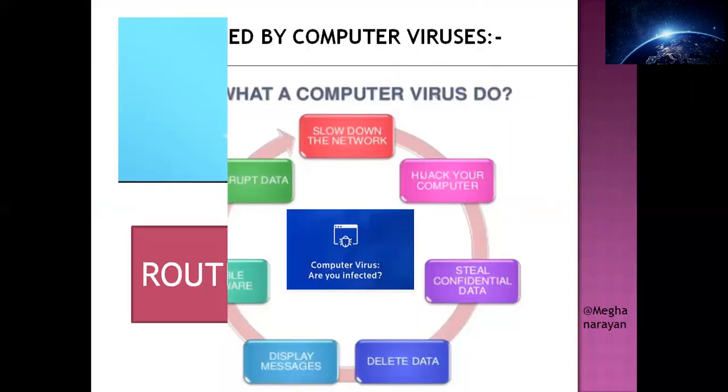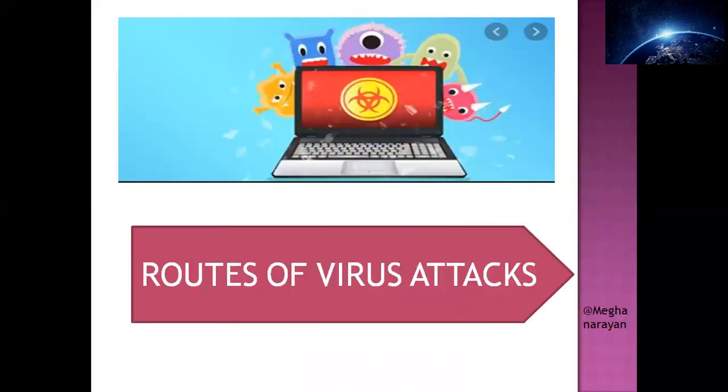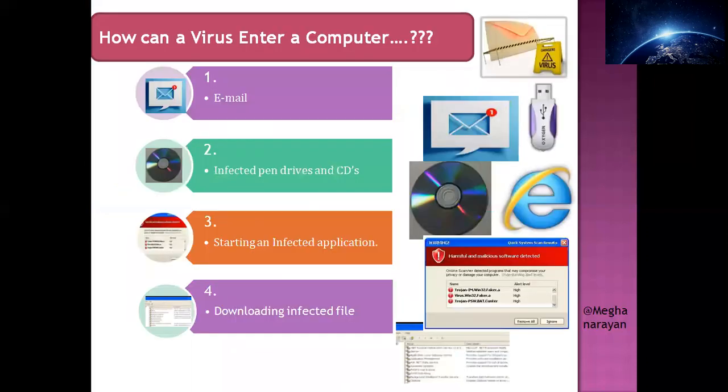So moving further, we can find out various routes of virus attack. Routes means the ways through which this virus can enter inside your system. Here you can now see that this particular slide has a question.